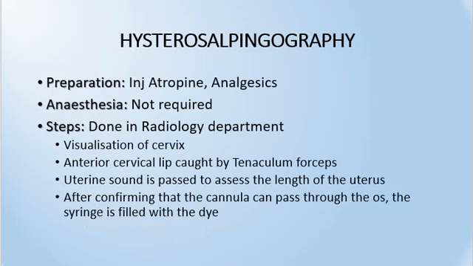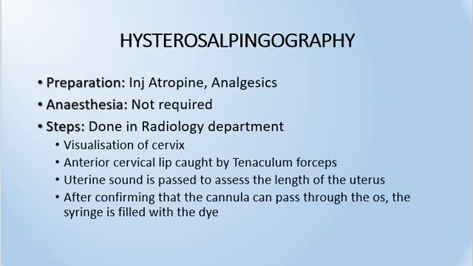For preparation, usually injection atropine and analgesics are given, and this procedure is done in the radiology department on the X-ray table. So anesthesia is not required. The analgesics can be in the form of either diclofenac or drotaverine.